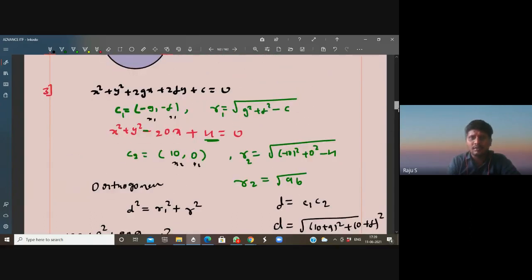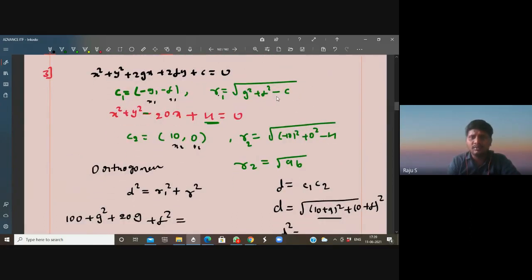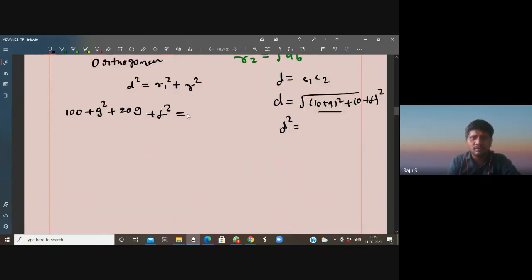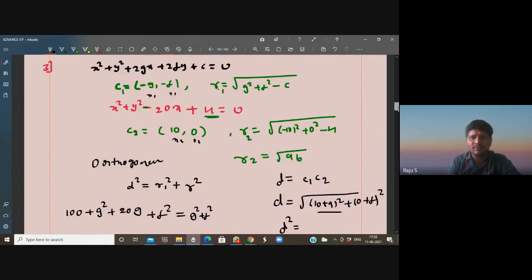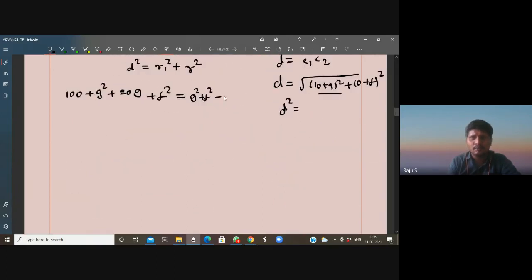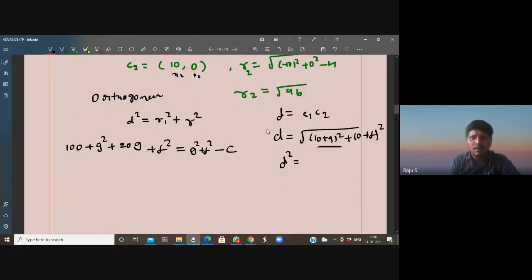Squaring on both sides, g square plus f square minus c, plus r2 square, 96. Clear, friends? Now simplify this.